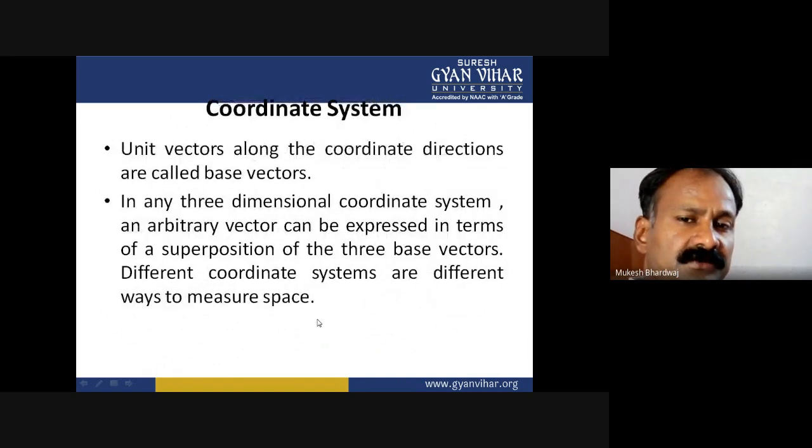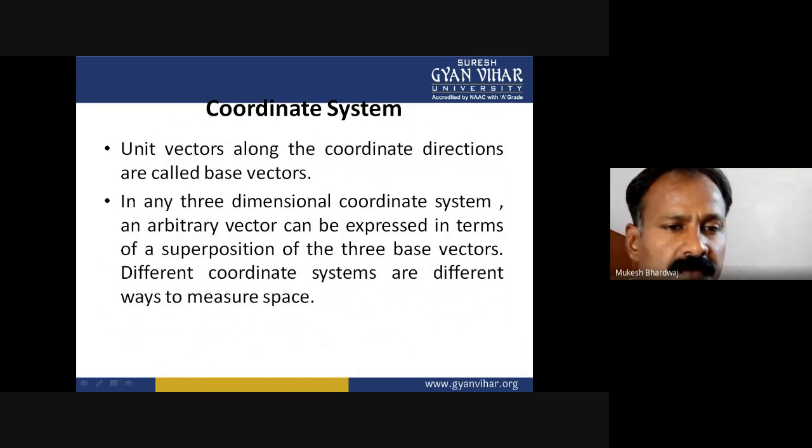Unit vectors along the coordinate directions are called base vectors. In any three-dimensional coordinate system, an arbitrary vector can be expressed in terms of a superposition of the three base vectors.